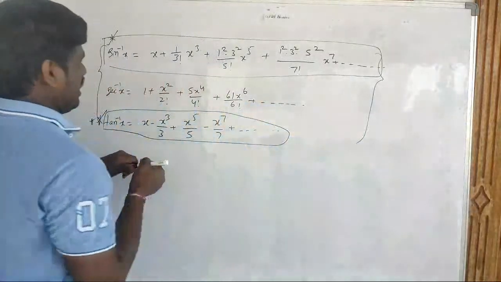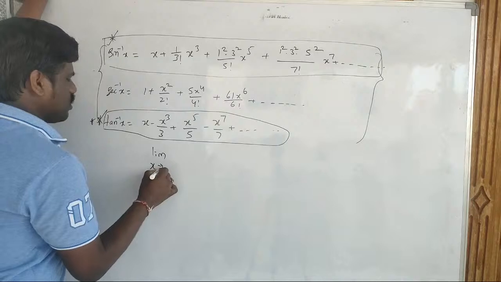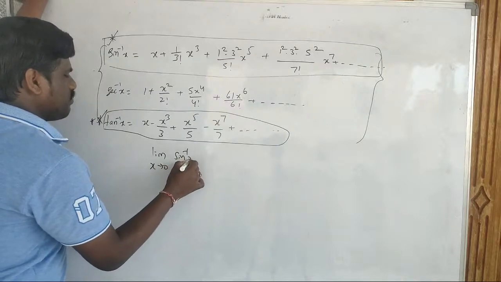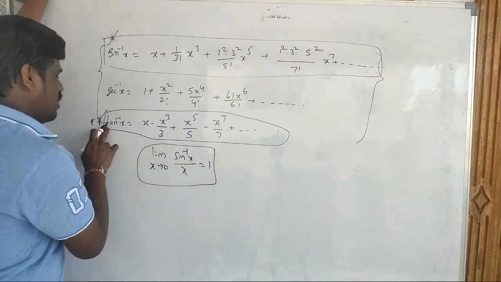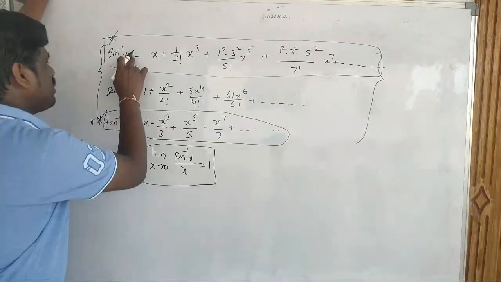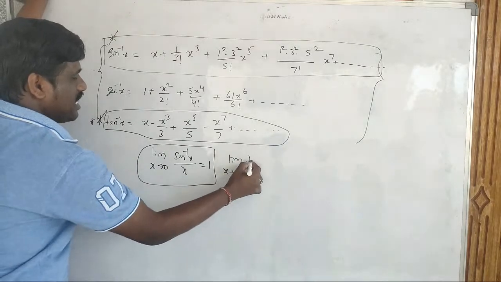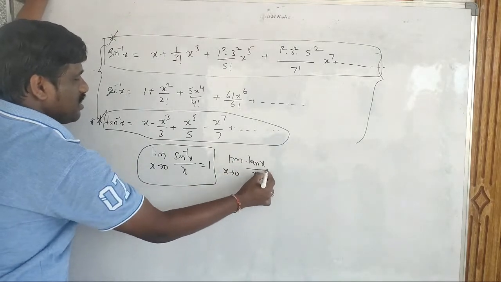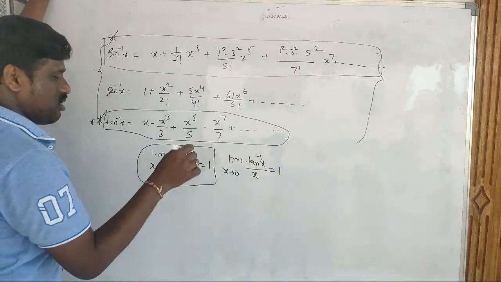So here, why I am going to explain is, you know that the limit as x tends to 0 of sine inverse x by x is how much? 1. This I explained, right? The reason I am giving these two is this. Limit as x tends to 0 of tan x by x, you have learned it, right? Tan inverse x by x is 1, x by tan inverse x is also 1.